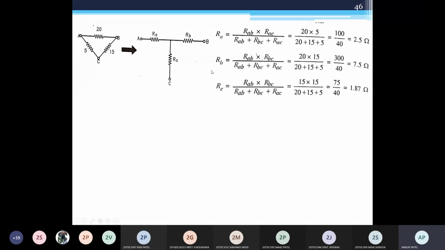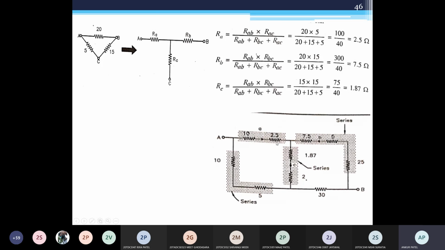Now we implement this connection into the further circuits, so your circuit becomes like this: 2.5, 7.5, and 1.87.